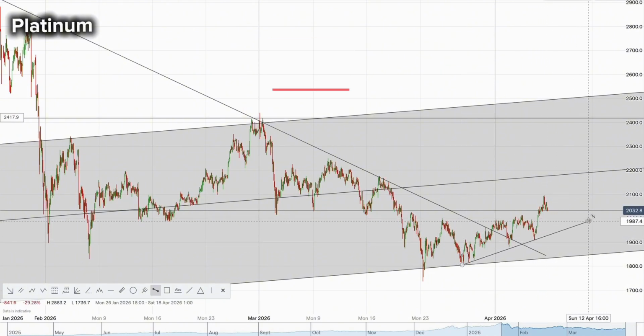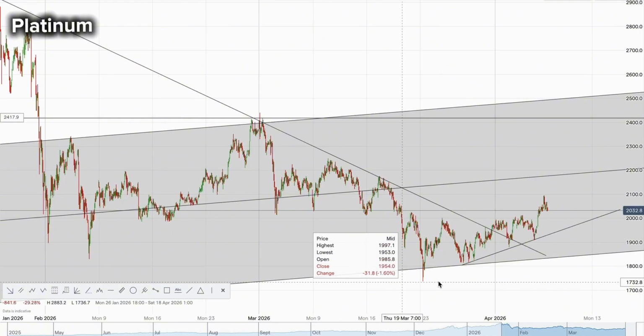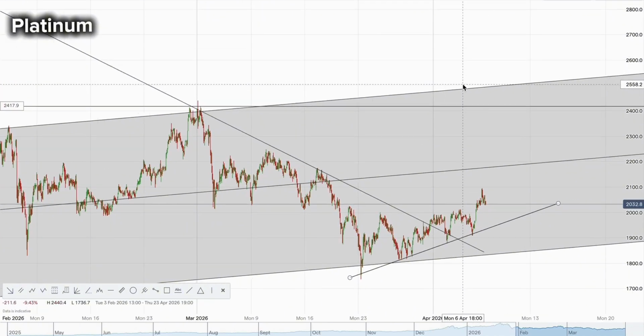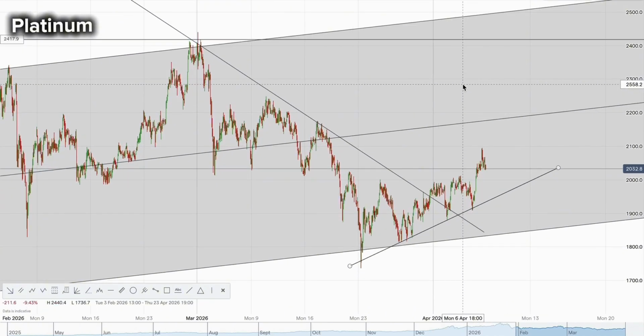So we've got that base support, which we've bounced off a few times, but as I said, this is a short-term view of the platinum trade. So after we've drawn in this support, let's see if we can find some sort of resistance, and we can get the resistance line drawn in as well.